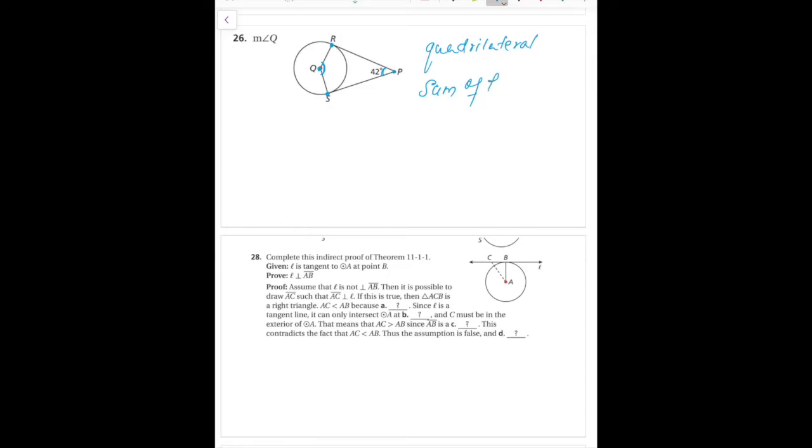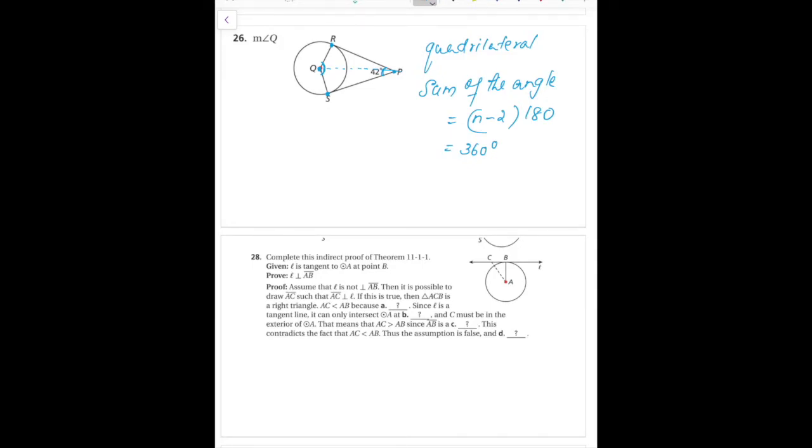Sum of the angles is equal to 360 degrees, because the formula is n minus 2 times 180, right? Or you can divide this into 2 triangles. So that means 180 plus 180, which is 360 degrees.